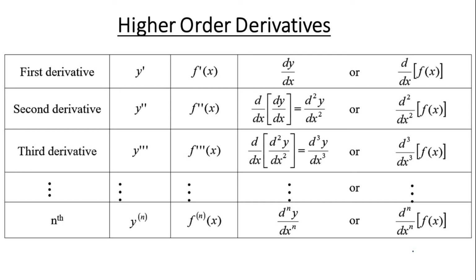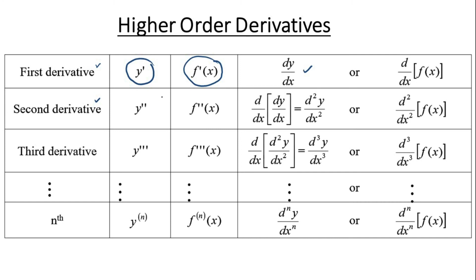Okay, proceed next for higher order derivative. For first derivative, as we discussed before, we can use the symbol of y prime, f prime, or dy dx. Second derivative means that you have to differentiate what you have differentiated for first derivative.